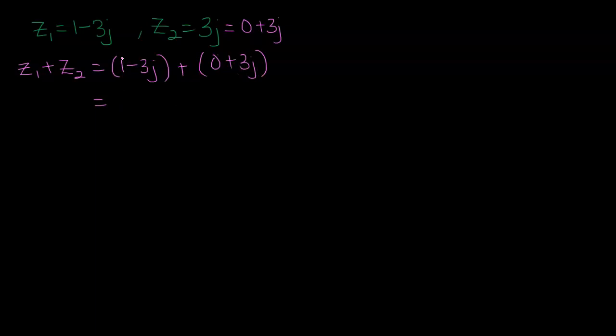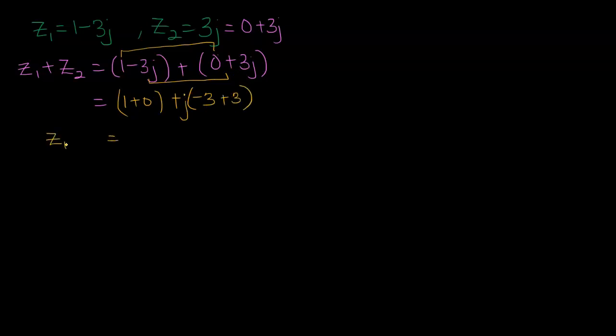So I'm going to combine the real parts as well as the imaginary parts. The real parts are 1 and 0, so I've got 1 plus 0 for the real parts. Then the imaginary parts, the first one is a negative 3, and I can just have a j outside. The second one is a positive 3.